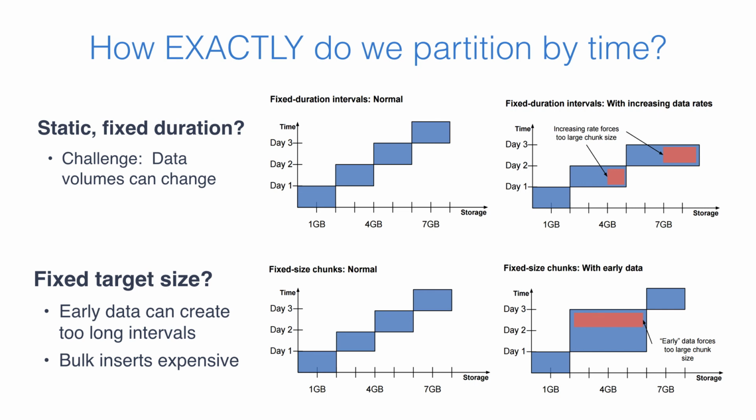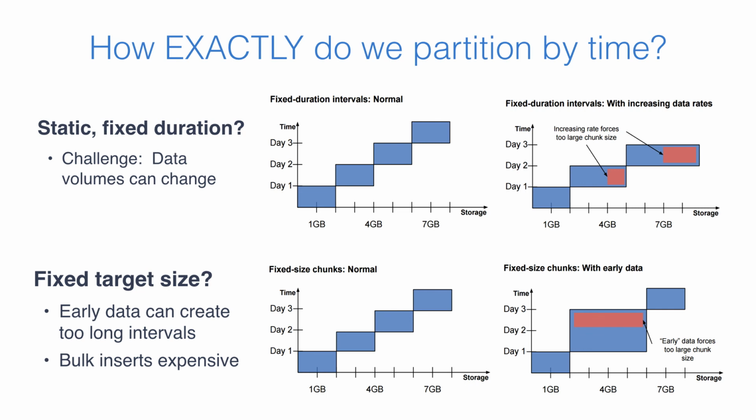So you might say, aha, what I really need to do is partition by chunk size. And one of the ways I can do this is I can say, when inserting into a chunk, I'm going to check whether the chunk is too big. And if it's too big, I start a new chunk.